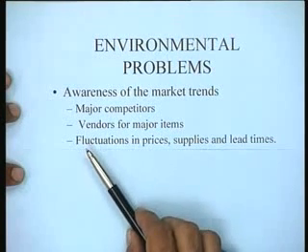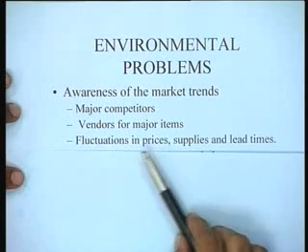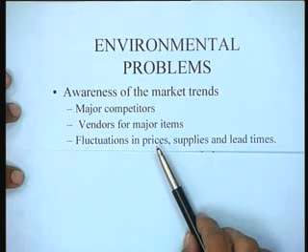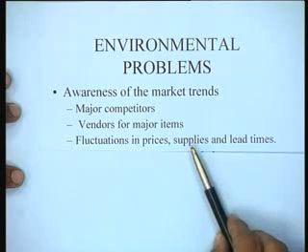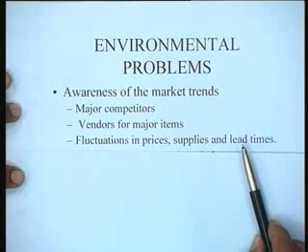Another thing which happens typically while a project is going on is that there are fluctuations in prices. There are fluctuations in supplies and lead times for different items. So if the project manager and his team members are aware of these, then if you know that there is going to be an impending shortage of this particular raw material for the project during the summer months, the arrangements should be made in advance to procure that material at a time when the prices are reasonable, some such thing.